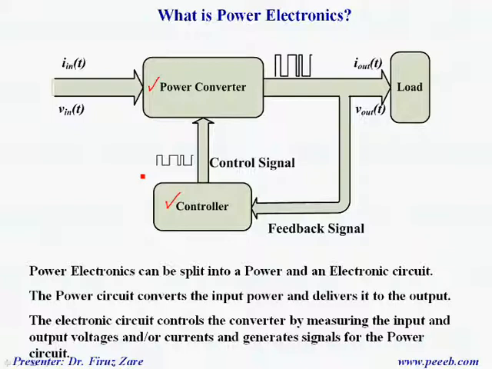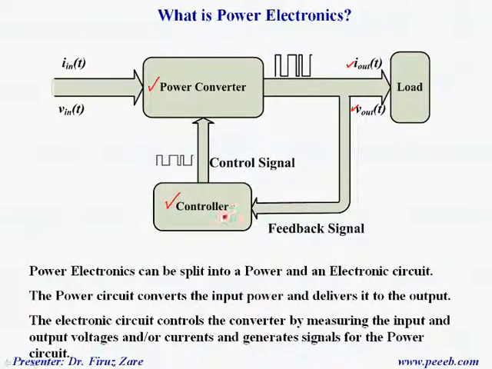The power circuit converts the input power and delivers it to the output. The electronic circuit or controller controls the converter by measuring the input and output voltage or current and comparing with the reference in order to generate the signals for the power circuit.